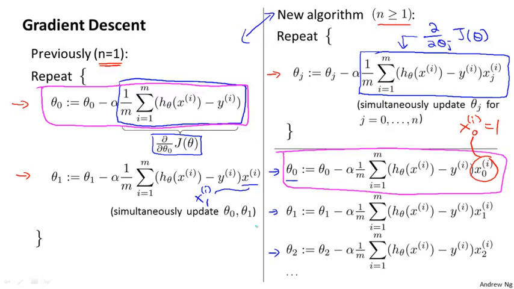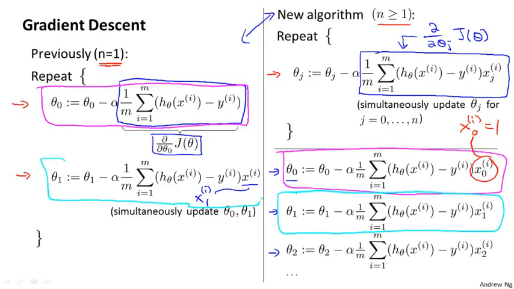Similarly, if you look at the update rule for theta 1, you find that this term here is equivalent to the update rule we previously had for theta 1, where of course we're just using this new notation, x subscript 1, to denote the first feature.